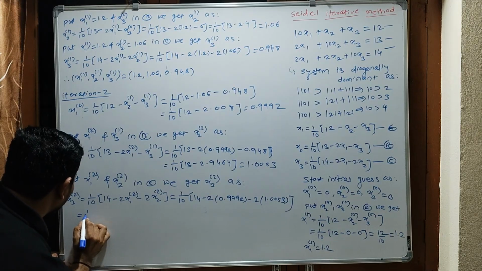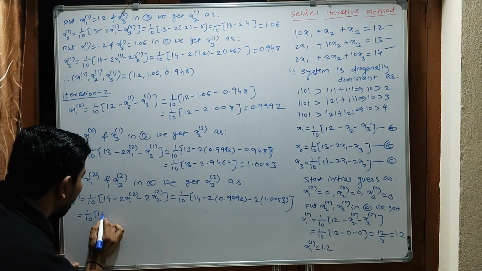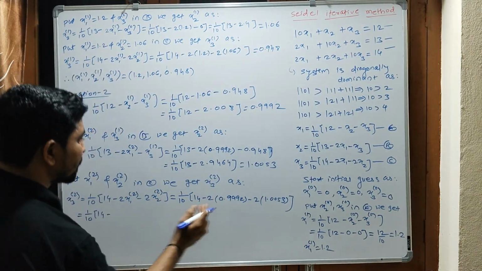So we just calculate this value. I will write 1 by 10 times 14 minus 2 times this.